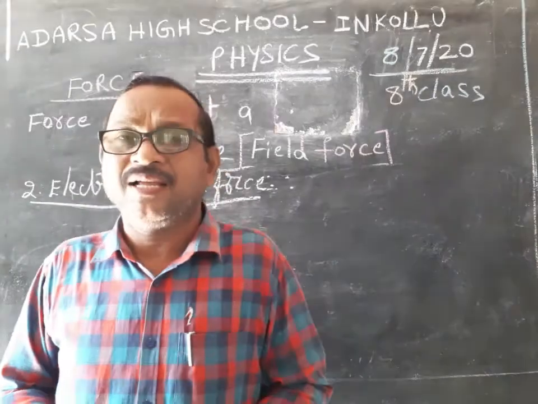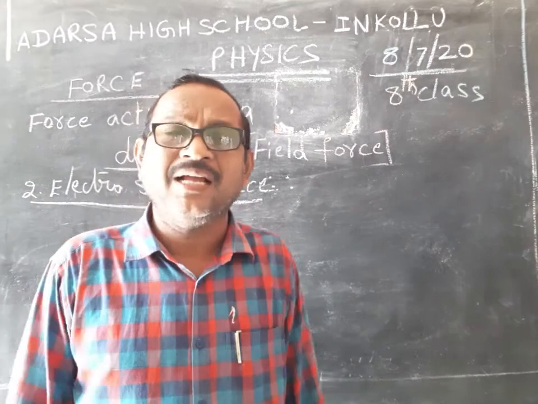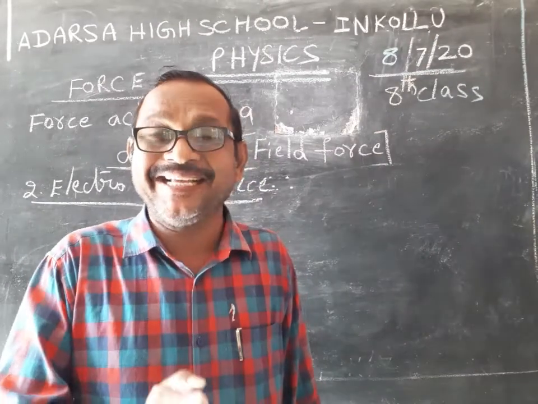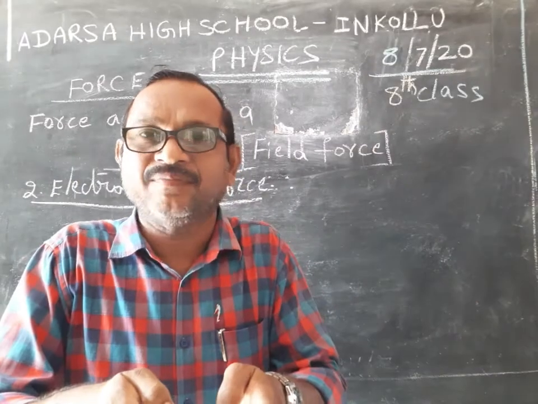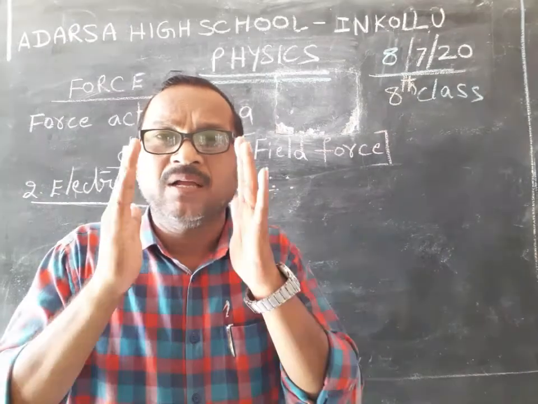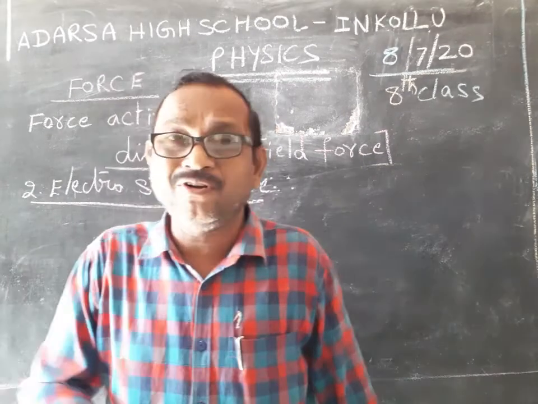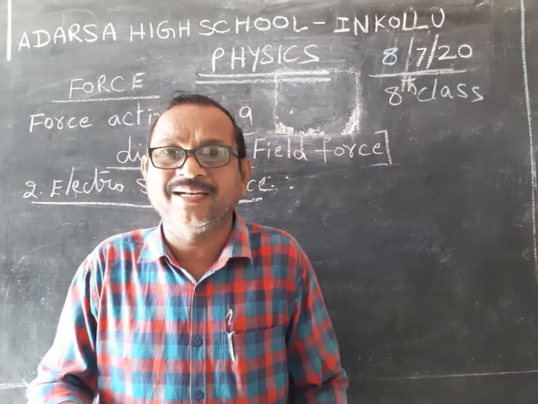What is that one? Electrostatic force. What is the meaning of the electrostatic force? Electricity stayed on the surface of the body. That is known as the electrostatic force. What I told you? What is the meaning of that one?